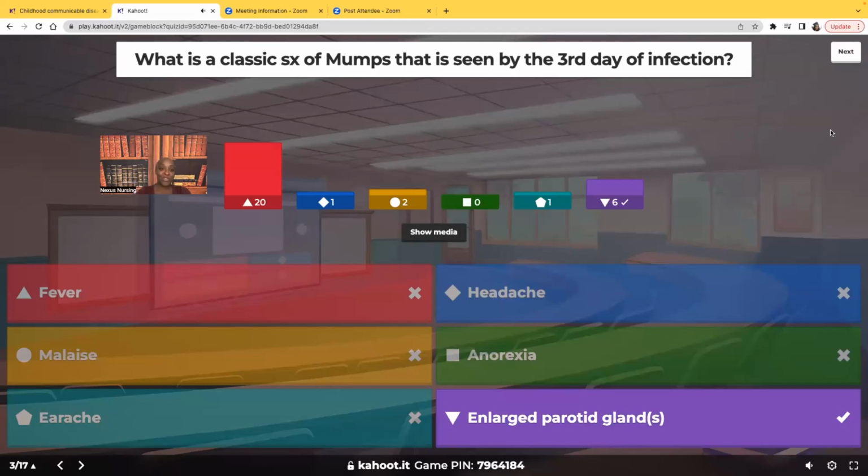Wow. Okay. Most of you chose fever, but the correct answer is enlarged parotid glands. And I want to show you something. This is how the test writers will trick you. Look at the question. The key word in this question is classic.